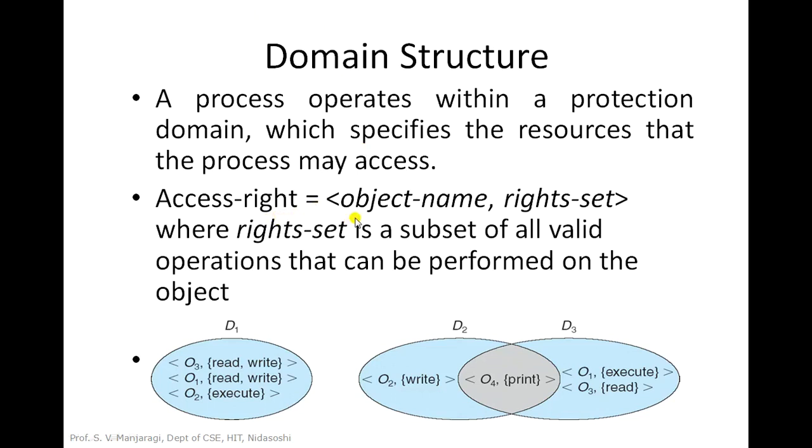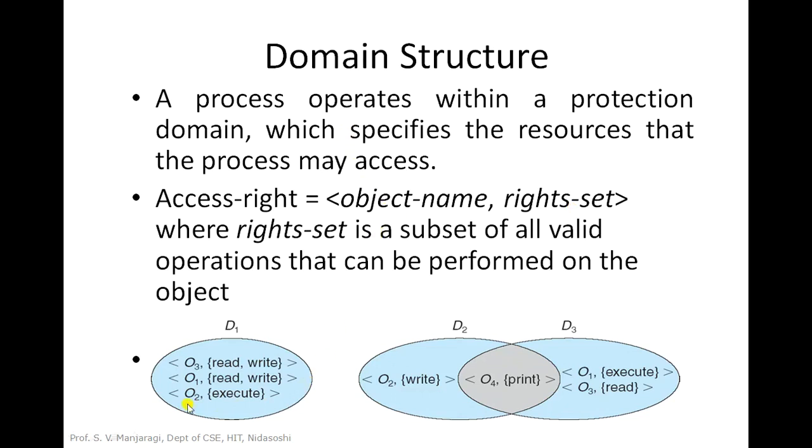Access right can be indicated through this particular format, that is access right is equal to, and we use a pair of angle brackets. Within the angle brackets, two things we specify: one is the object name and the other is the access rights assigned to the processes that belong to a particular domain. Here access right is basically a subset of all valid operations that can be performed on the specific object.